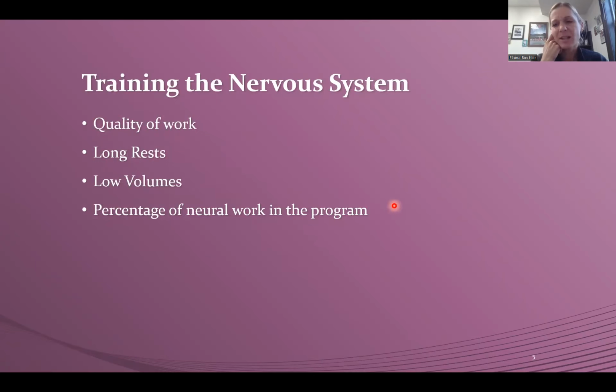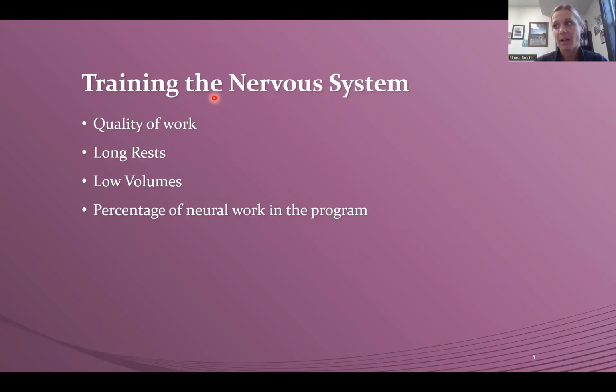The other thing that gets a little bit tricky with this type of training is that if we're outside doing quality work with long rest in between, we're really putting athletes at a high risk for injury if we're asking them to do 100% intensity.